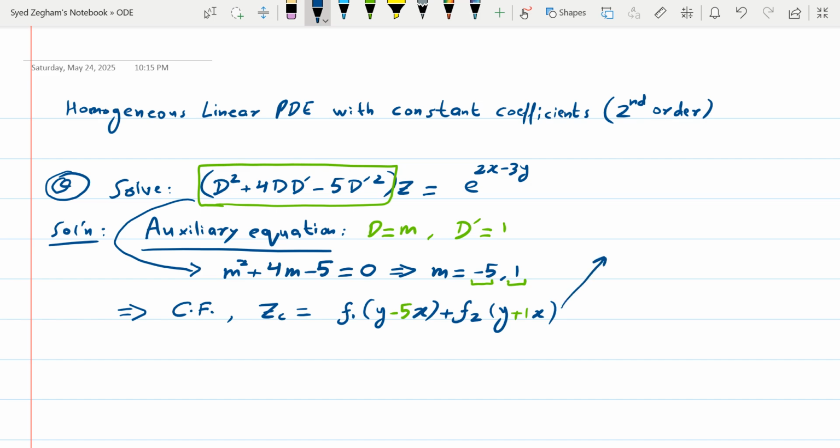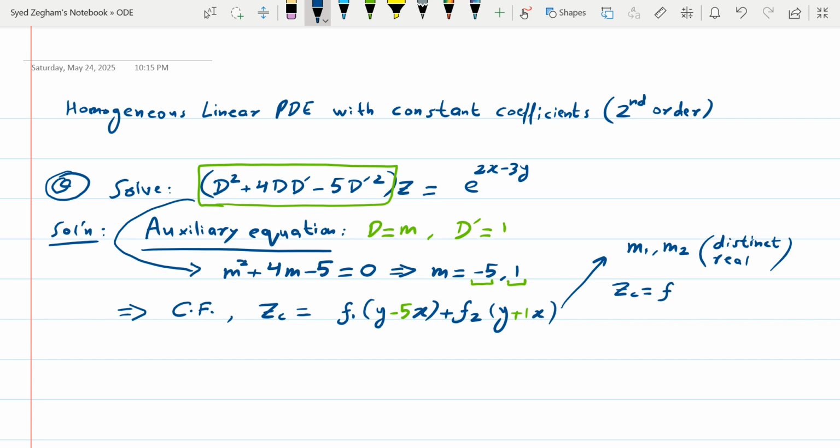Actually, whenever you are getting two distinct real values of m, what is the form of the complementary function?